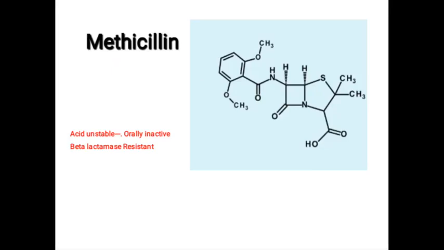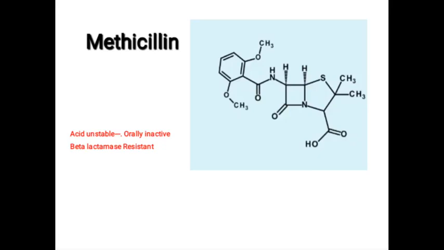Let's proceed. So we have the methicillin, which is acid unstable, orally inactive. We go back to the same problem, the one we had earlier. Okay, beta-lactamase resistant. Now we have a solution for the other part, which is beta-lactamase resistance. But then what has been done when you observe?